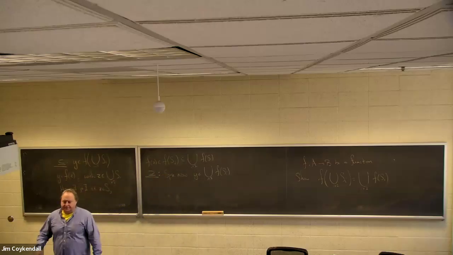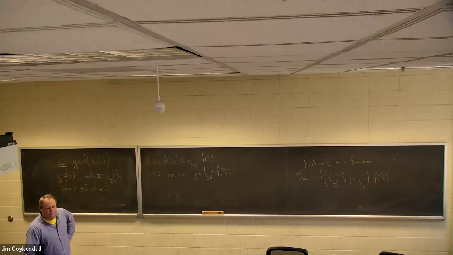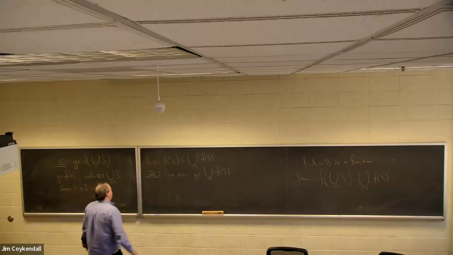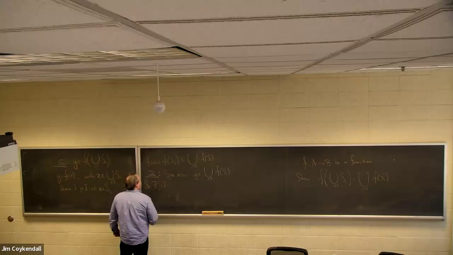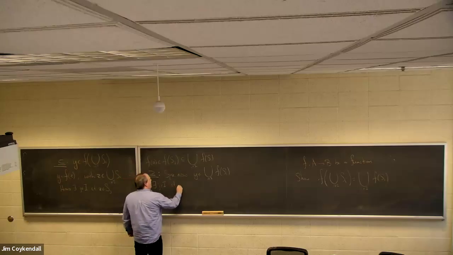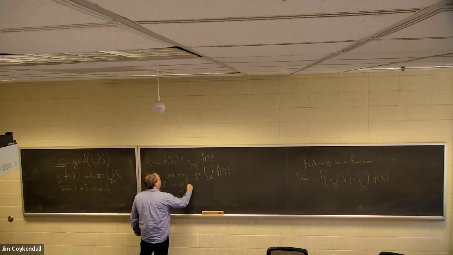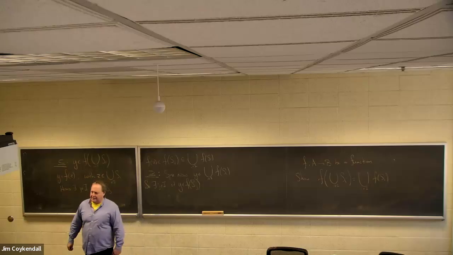What does that mean? That'd be one of them. There exists j in my index set such that y is in f of S_j. We agree on that?